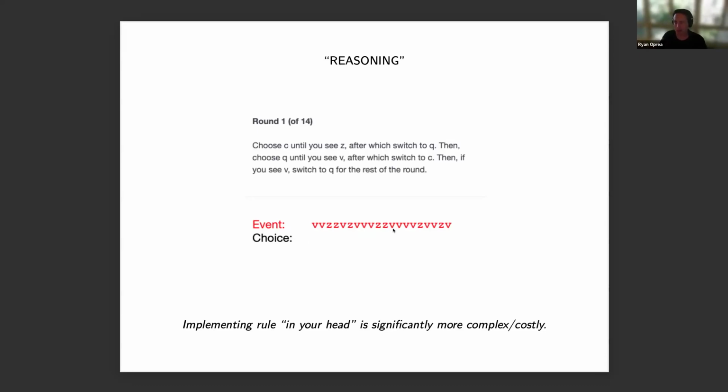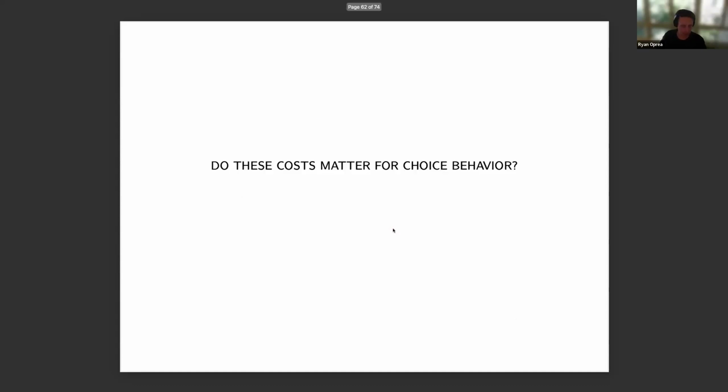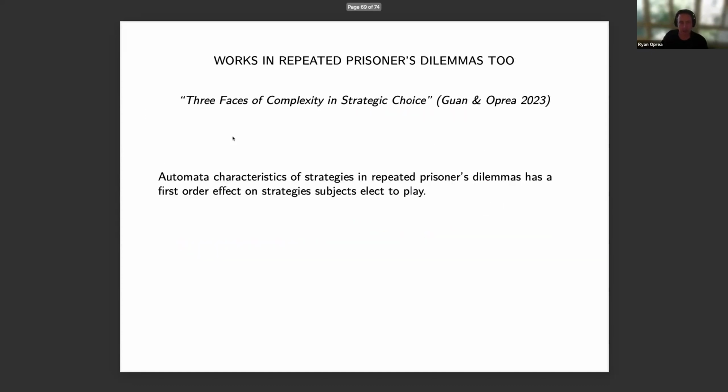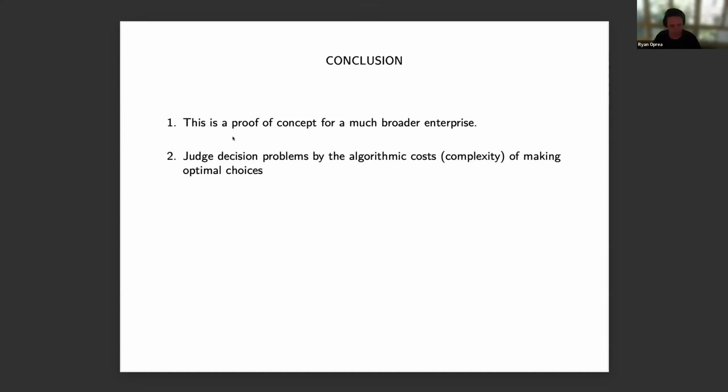It's far more costly. They're willing to pay a lot more to avoid this kind of thing. Okay, and then there's some follow-up experiments. I have a paper with James Banovitz that was just published last year that studies whether these types of costs matter in real decision making, but I will skip that. The answer is yes.